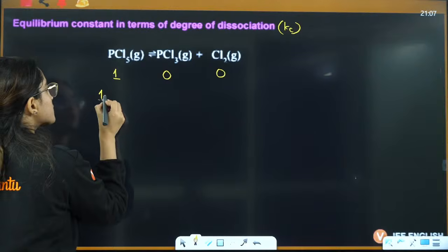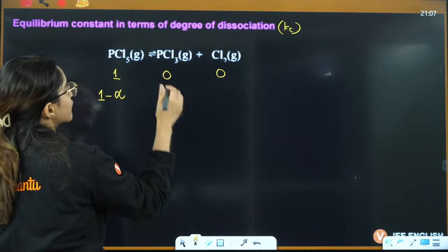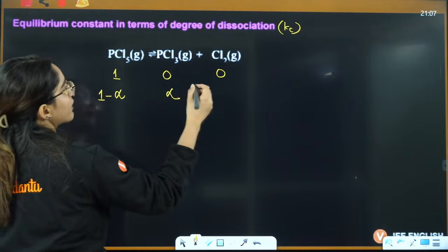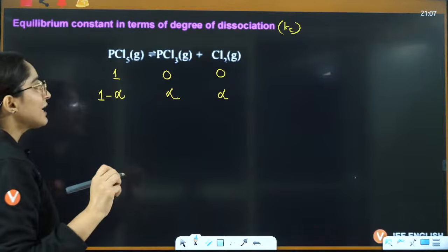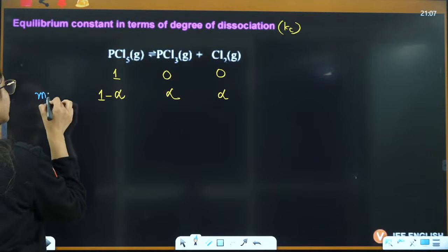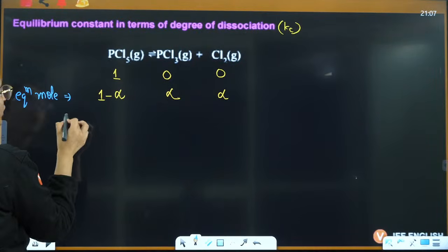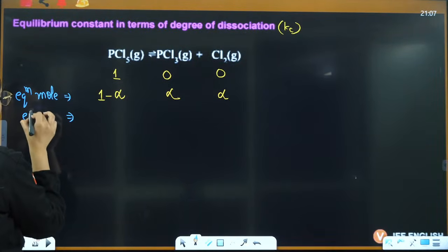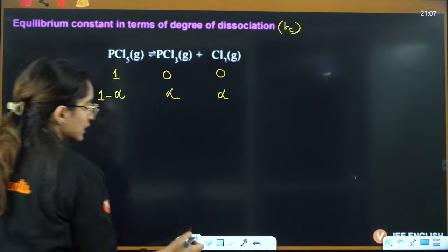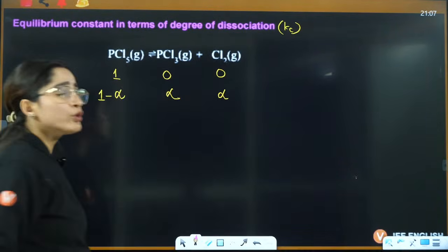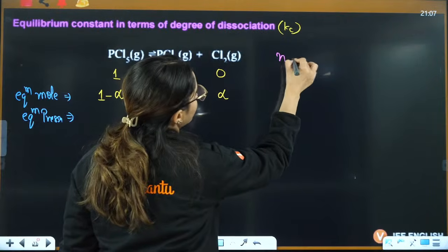At equilibrium, it is 1 minus alpha, here it is alpha, and alpha. Now, let's say these are the moles. At equilibrium, I want to calculate the equilibrium pressure. So how do you convert moles to pressure? You calculate the total number of moles.